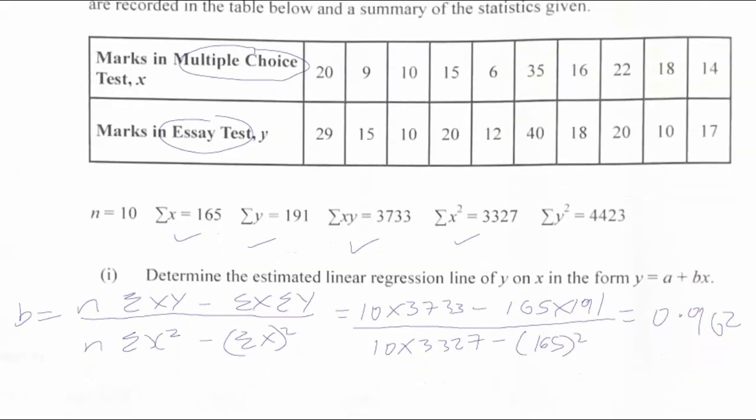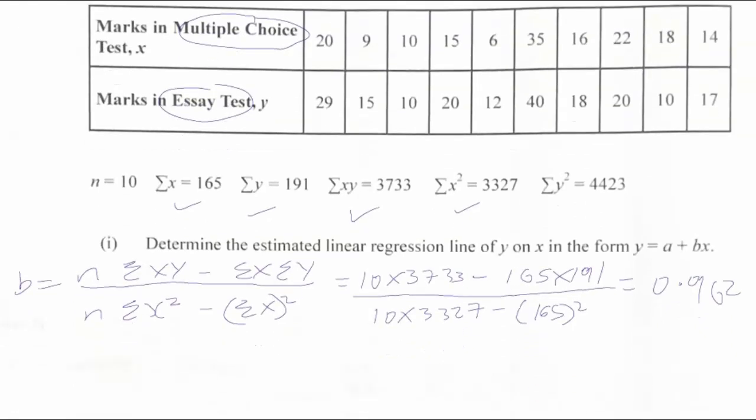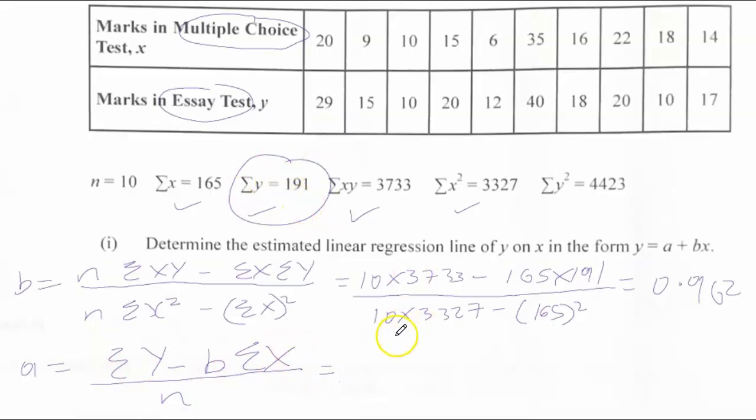Now for a, we also have a formula. The formula sheet gives us a is equal to the sum of y minus b times the sum of x, over n. The sum of y, that's 191, minus b. We have 0.962 for b.